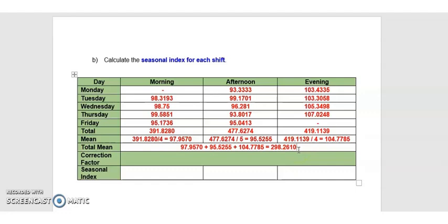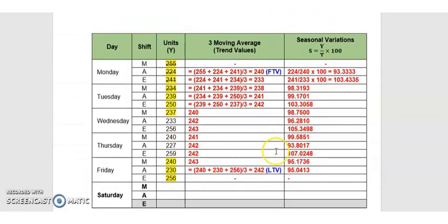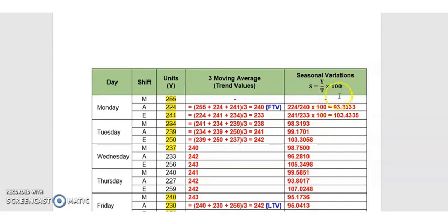Okay, once we get the total mean, look at correction factor. What is meant by correction factor? We need to look at total mean here. Now we have 3 shifts. Before this, when we calculated seasonal variations, we multiplied by 100, right? So for each shift, we should get 100%.